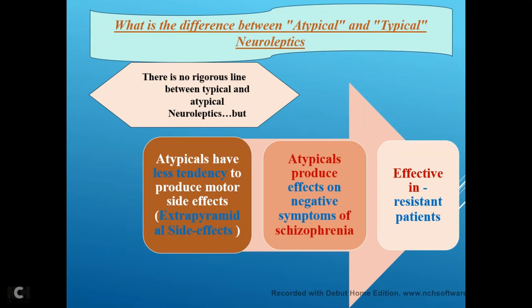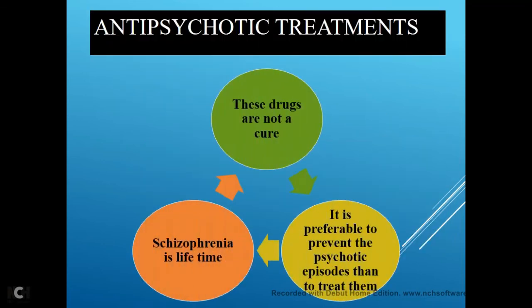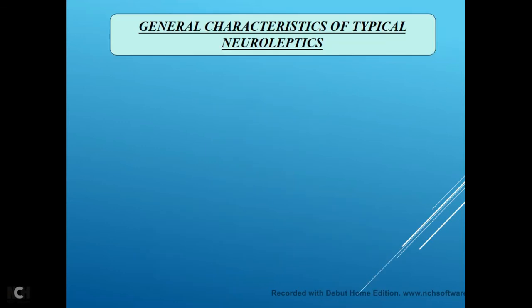Atypicals have effects on negative symptoms of schizophrenia and are effective in resistant patients. Antipsychotic treatment is not a cure. It is probably used more to prevent psychotic episodes than to treat them, because schizophrenia is a lifetime disease.